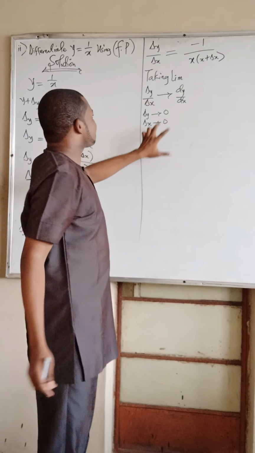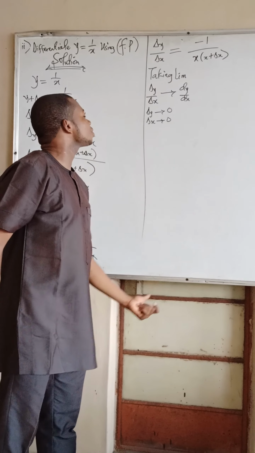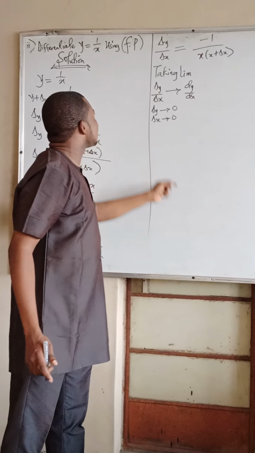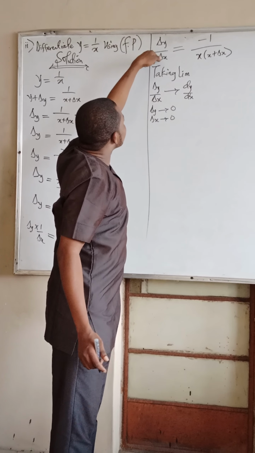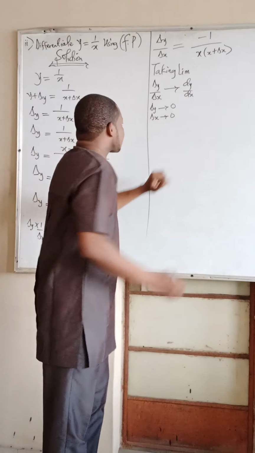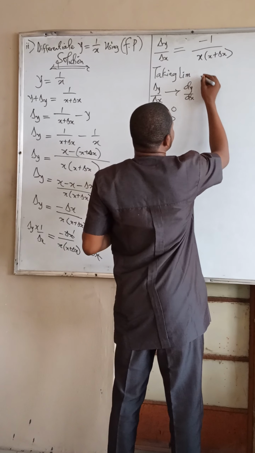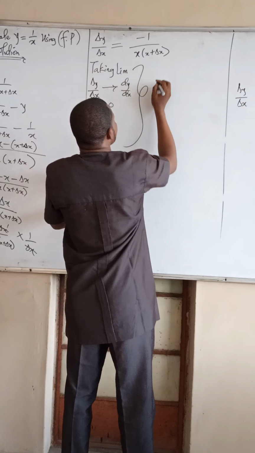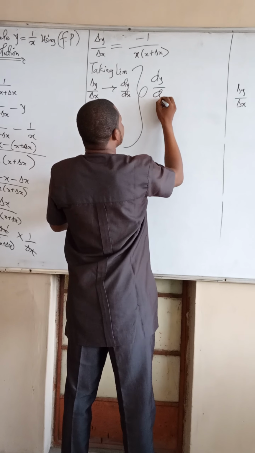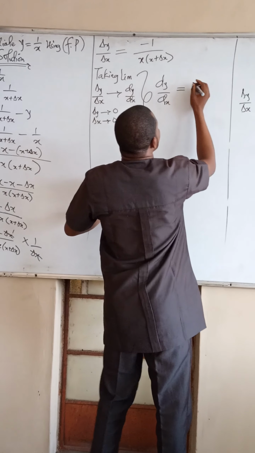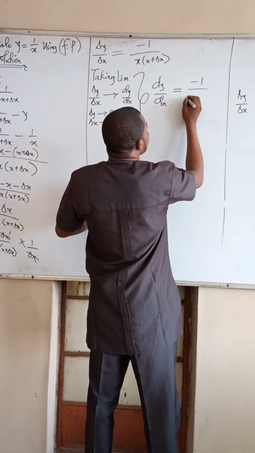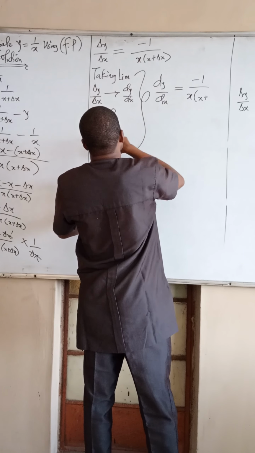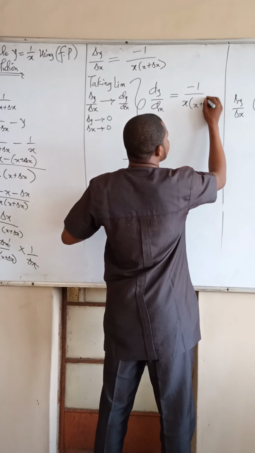So if this principle or concept holds, it then implies that our change in y over change in x has become dy/dx. So at this point, we now have that this is change in y over change in x, which has become dy/dx is equal to minus 1 all over x into bracket x plus change in x. I will say change in x as it tends to 0 becomes plus 0.